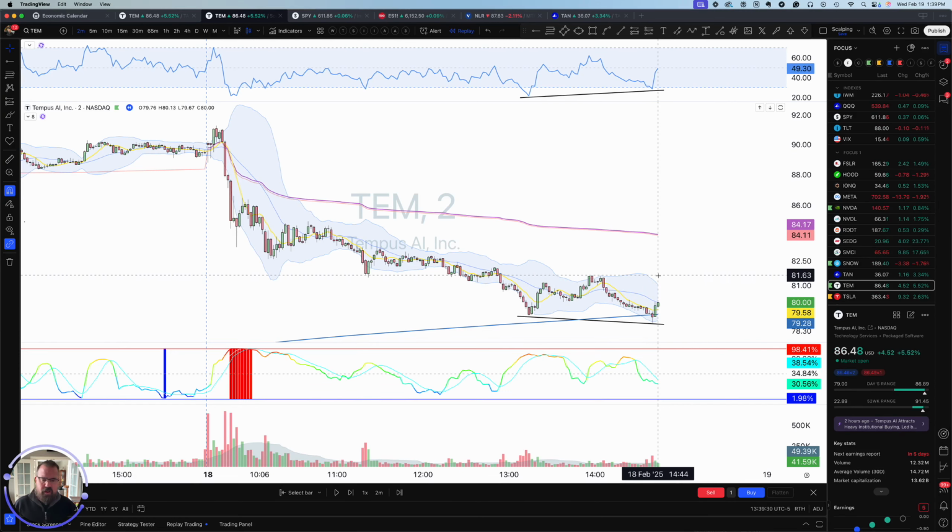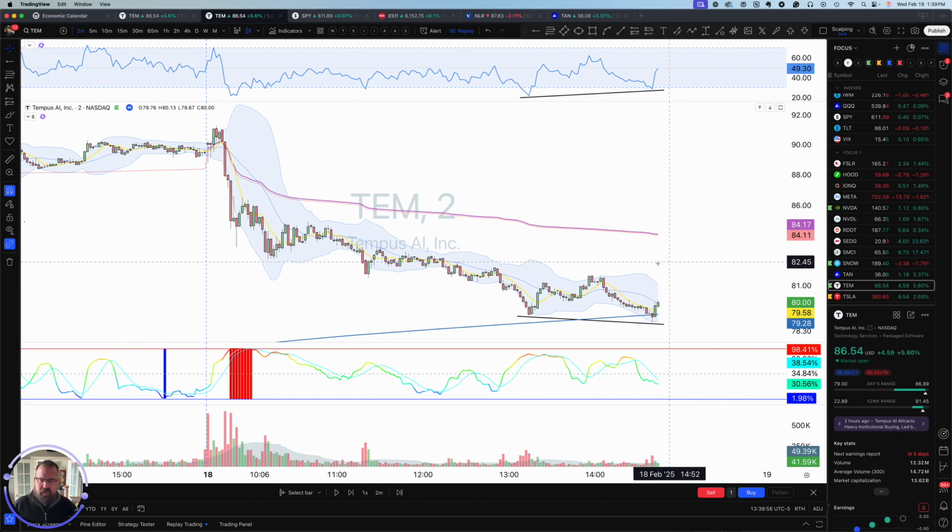Then you've got a pivot area at around 81.50, and then ultimately we're looking for the VWAP up here around 84.11. In this instance, yesterday was the first trading day of the week, so the daily VWAP and the week-to-date anchored VWAP are the same, and so $84 is the eventual target, which as the day progresses keeps coming lower, so you have to keep that in mind. But you've got a couple of target options there.